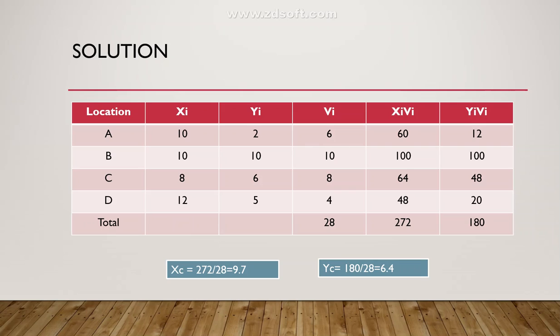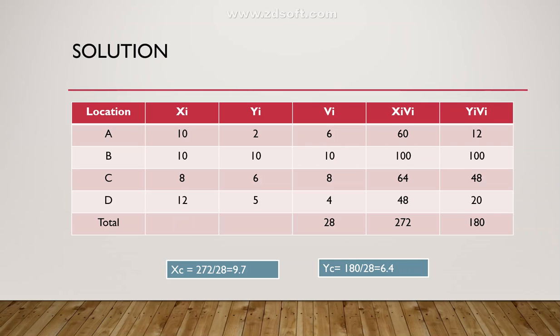And the same way, if we multiply y into vi for all the locations, we arrive at the weighted score for each location, which is 12, 100, 48 and 20 respectively.